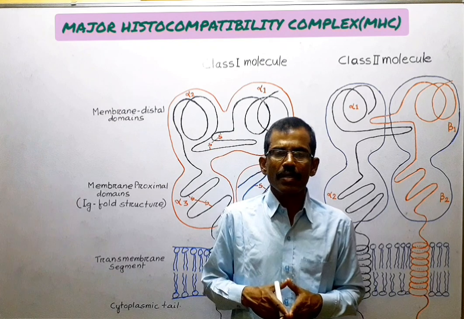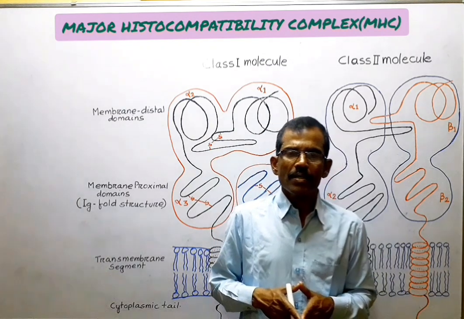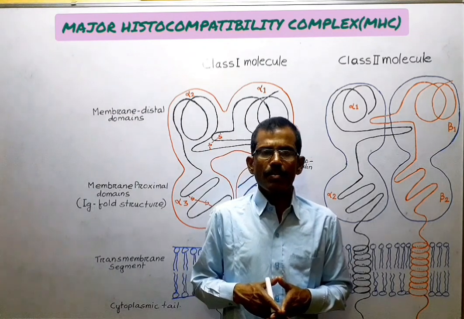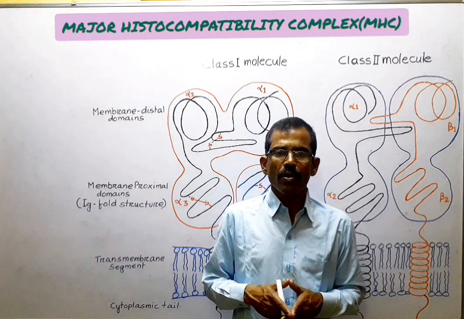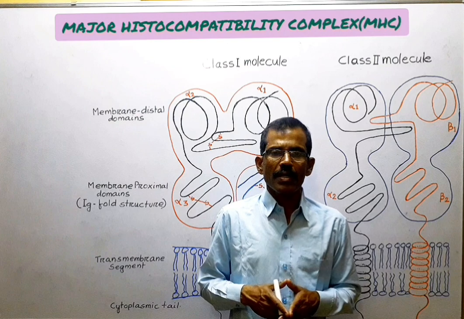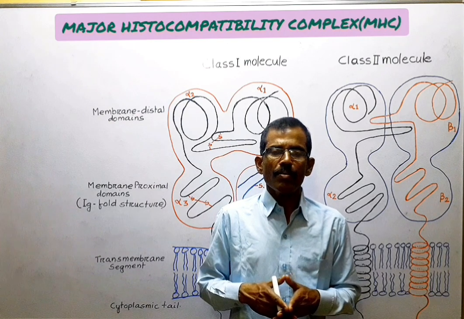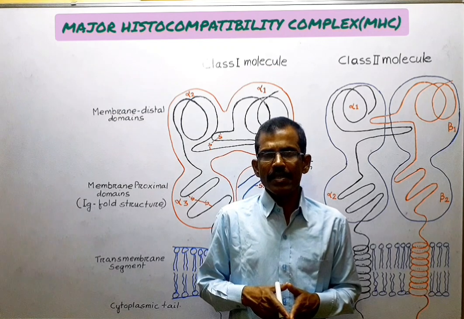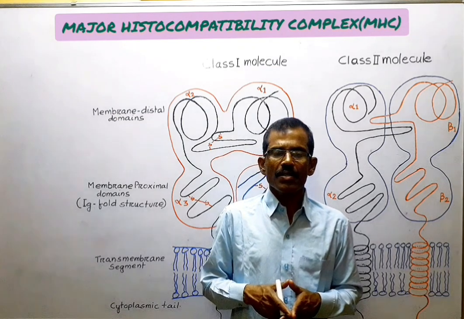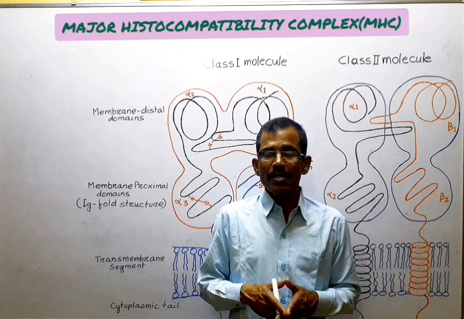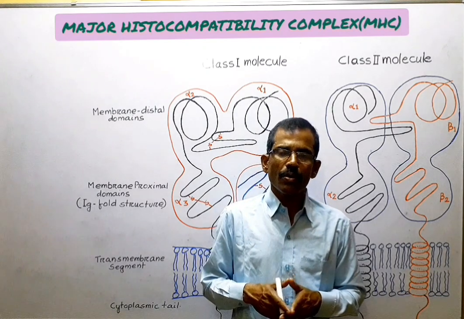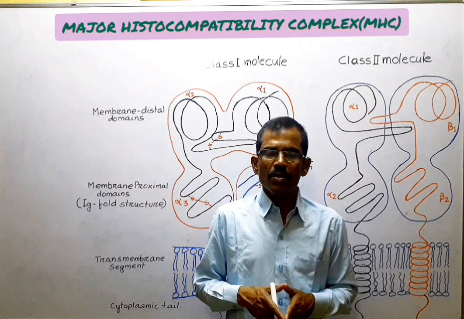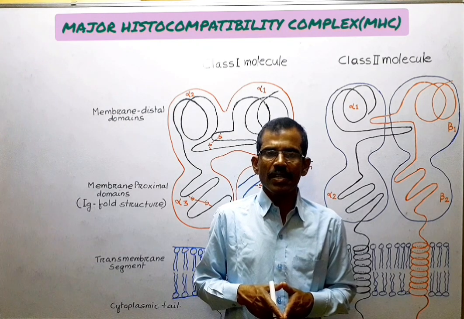Friends, today we shall discuss about major histocompatibility complex. Both T and B cells use surface molecules to recognize antigen, but they accomplish this in very different ways. B cell receptors recognize antigen alone, but T cell receptors only recognize pieces of antigens that are positioned on the surface of other cells.